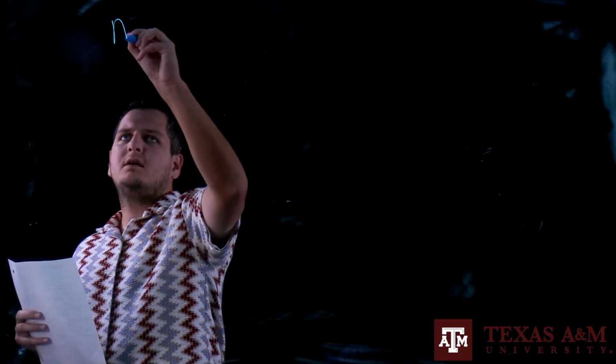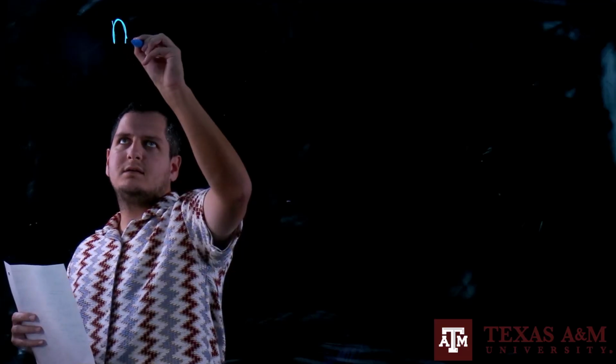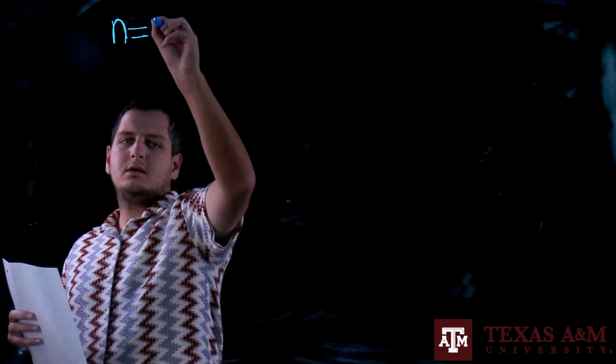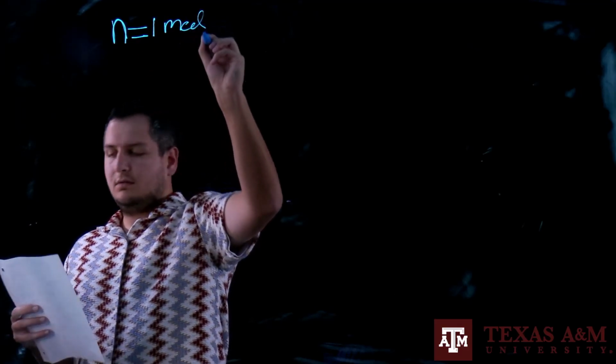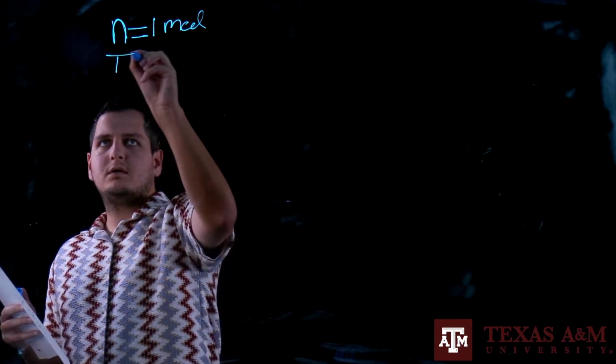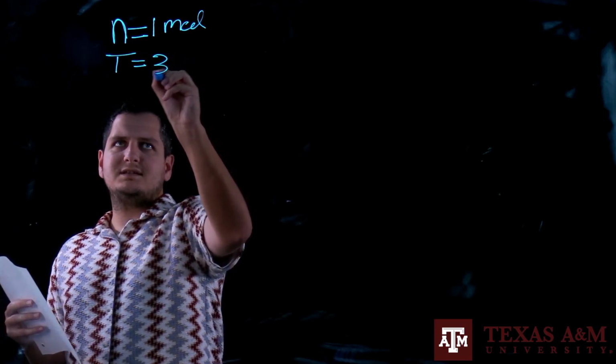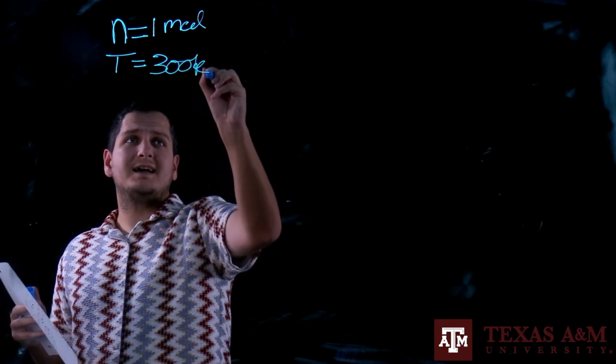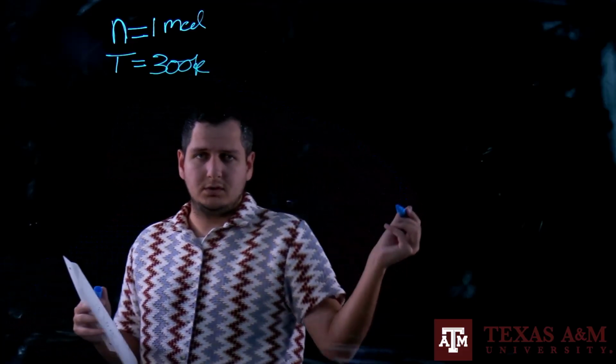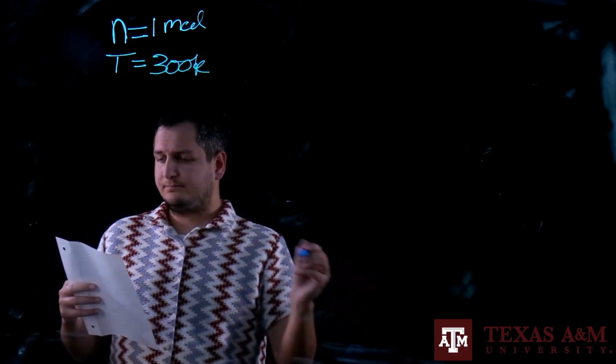So in this problem, we have isothermal reversible expansion. Okay? So we were told in the problem statement again, we have 1 mole. T is equal to 300 K. This is isothermal, so T1 and T2 are equal to 300 Kelvin.